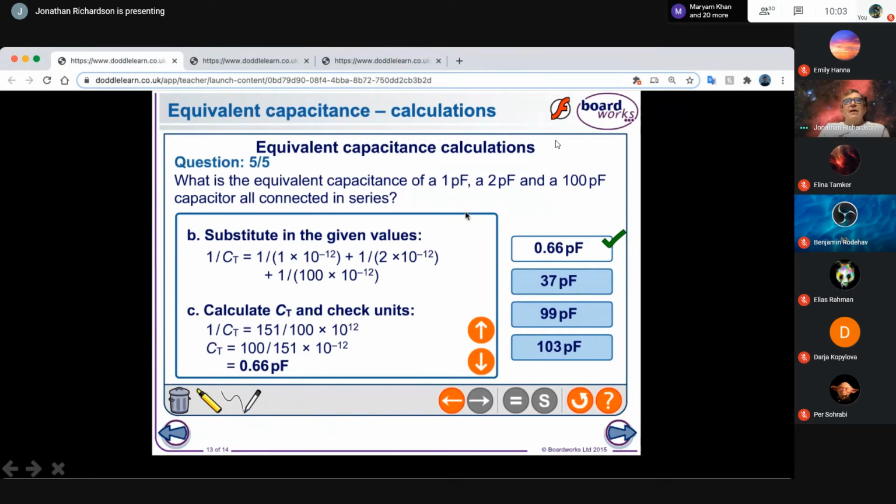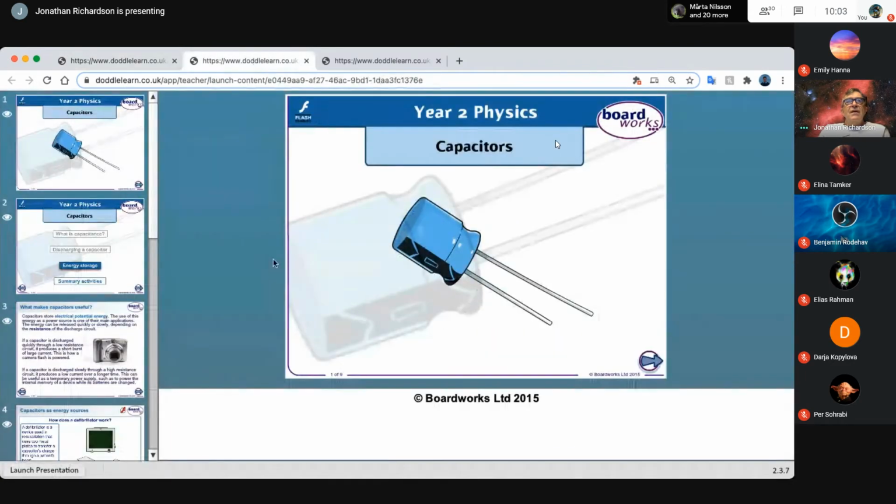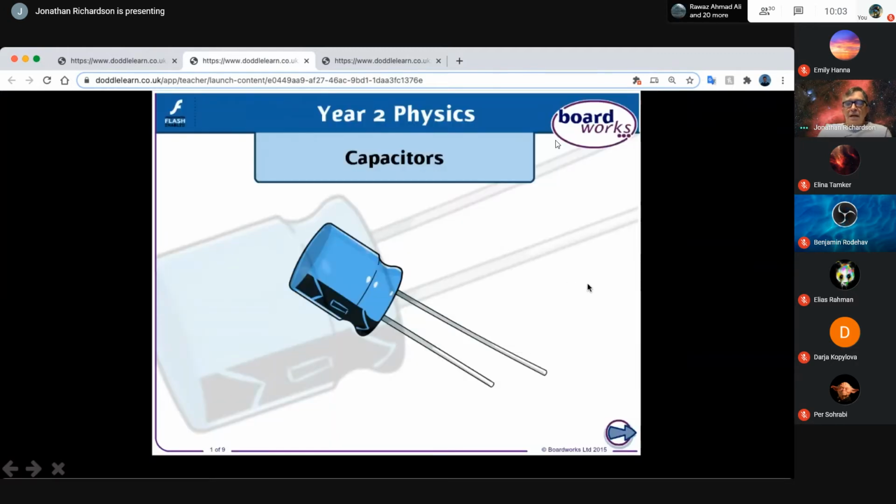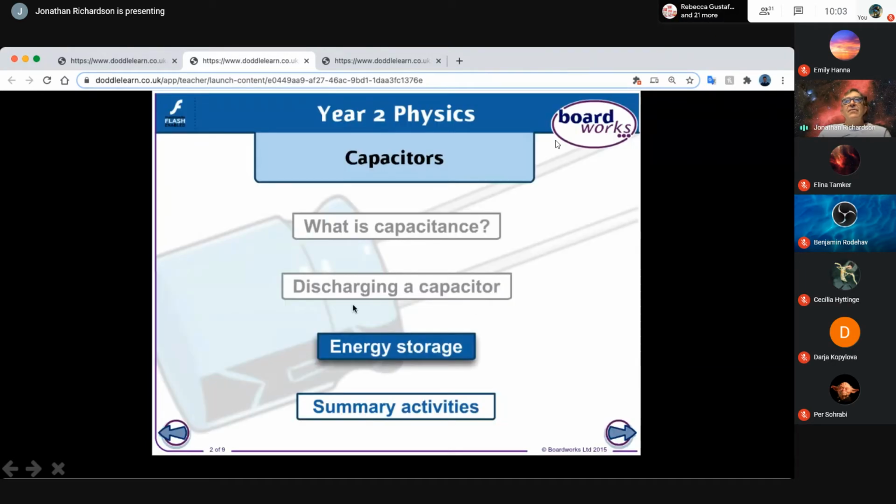Now, I think there's just the one more slide, which I'm not going to go through on here. But I do want us to have a look at this part of the presentation. The logical next part of this would have been discharging a capacitor.